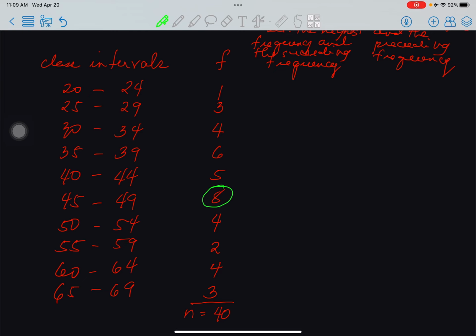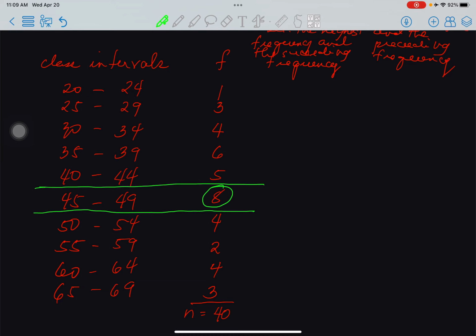It belongs here, so your modal class lies at the class interval 45 to 49. That is the first step in determining your modal class. You just have to look at the highest frequency in your distribution table.